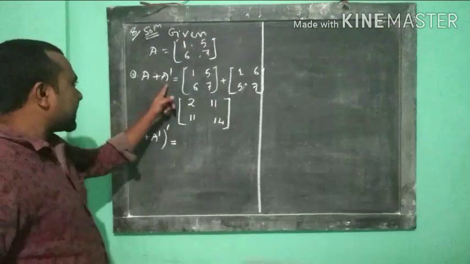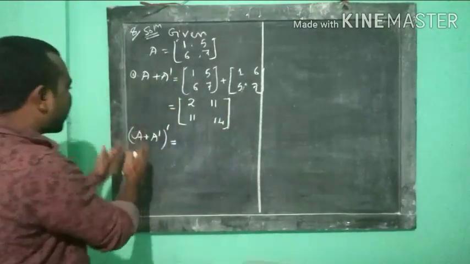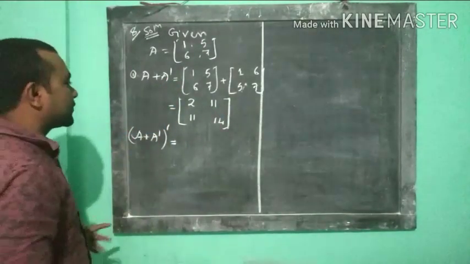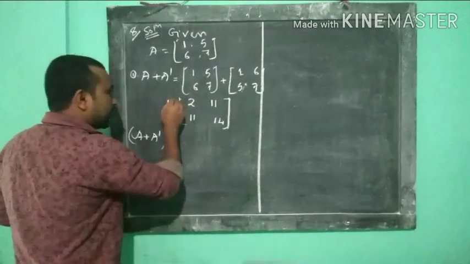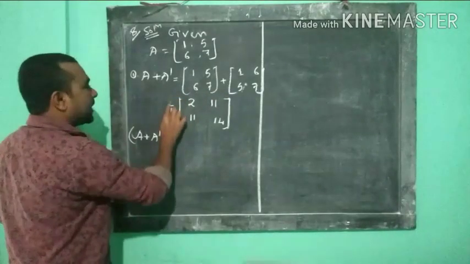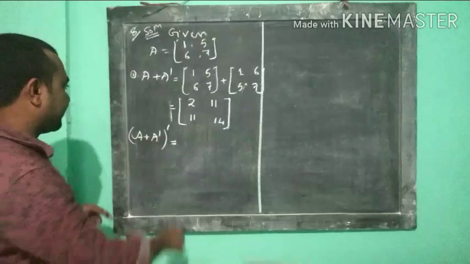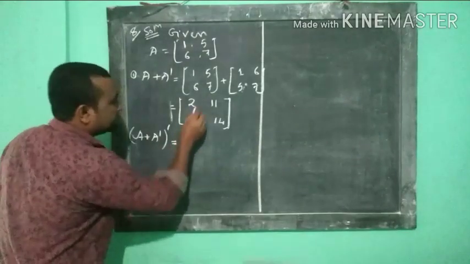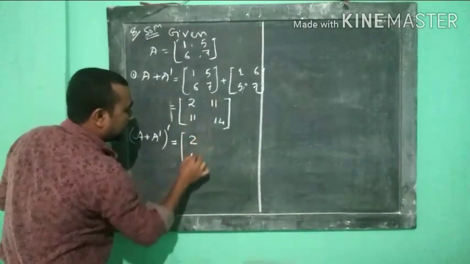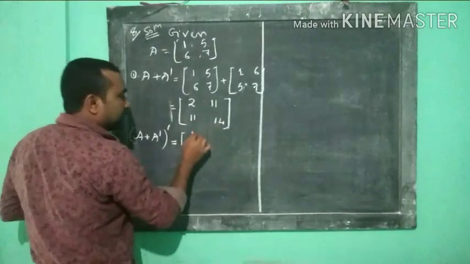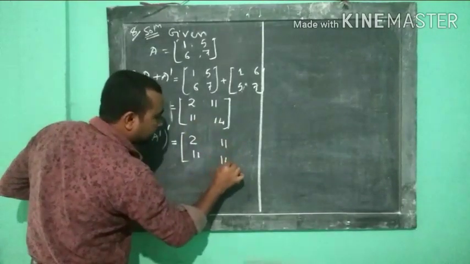By interchanging the rows and columns, this is 2, 11 and this is 11, 14.